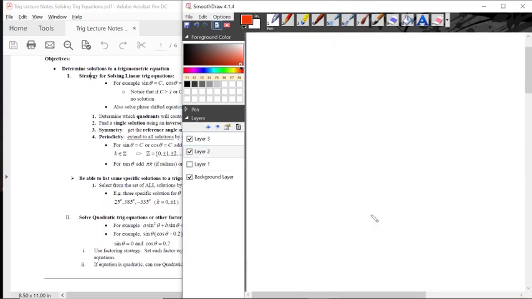Let's try one that goes through a modification. How about a horizontal shift? Solve the sine of x minus 60 degrees is equal to, I'll do a negative number here.